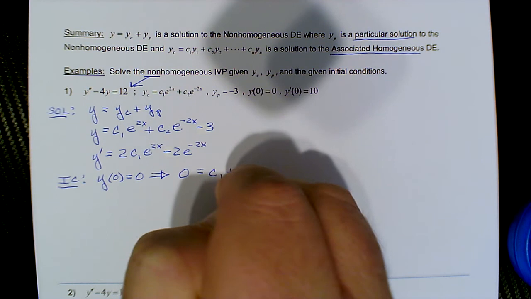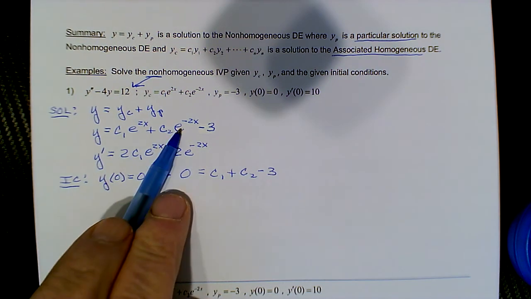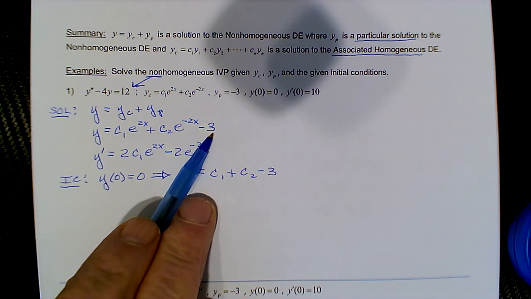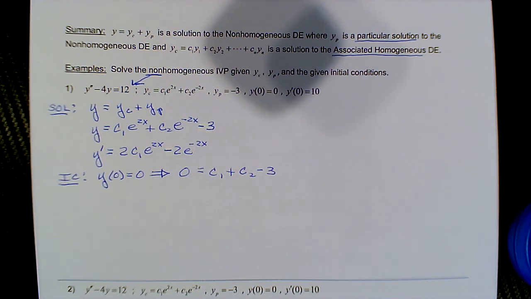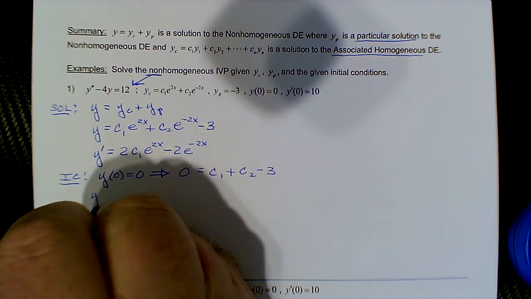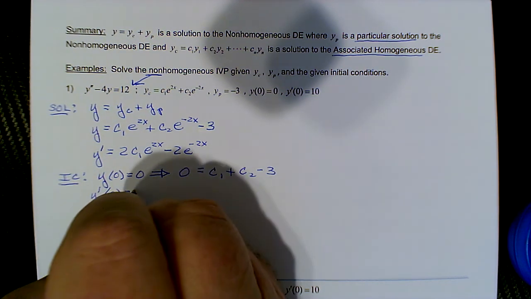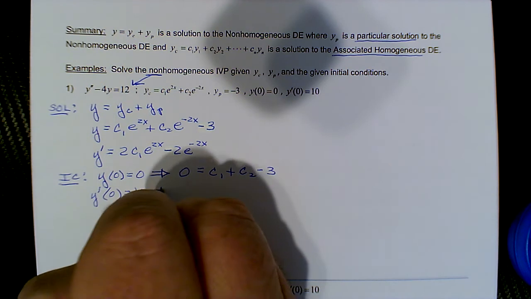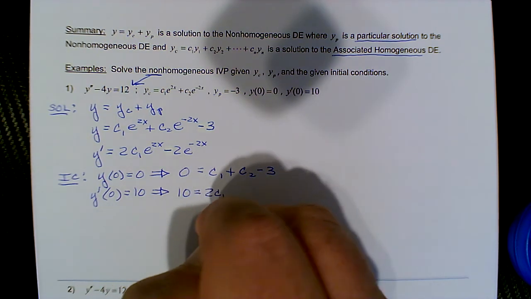Don't forget the minus 3, because either of the exponentials at 0 goes to 1, but that minus 3 tags along. And then the second initial condition, y prime of 0 was given to be 10. So then we'd have that 10 is equal to 2c1 minus 2c2.